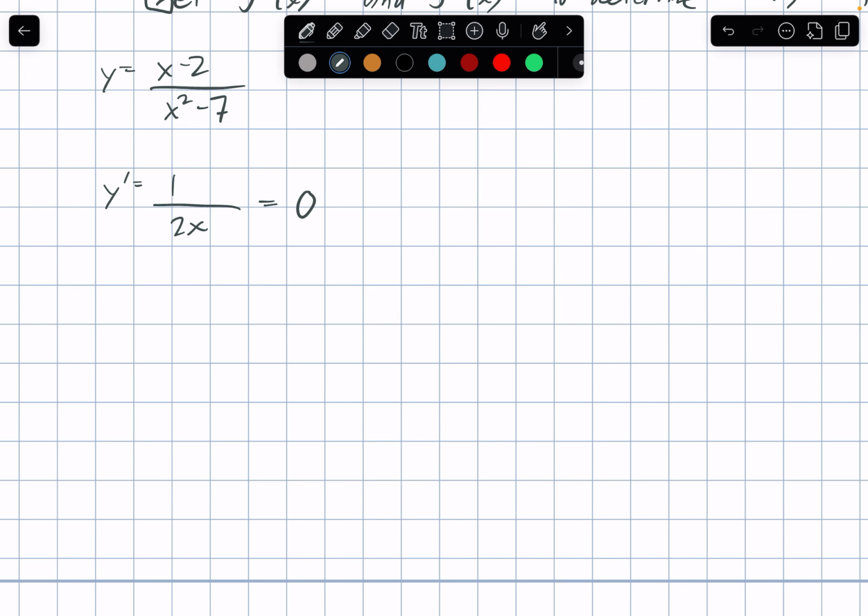So after equating to 0, we identify the x values. Okay, this looks weird.